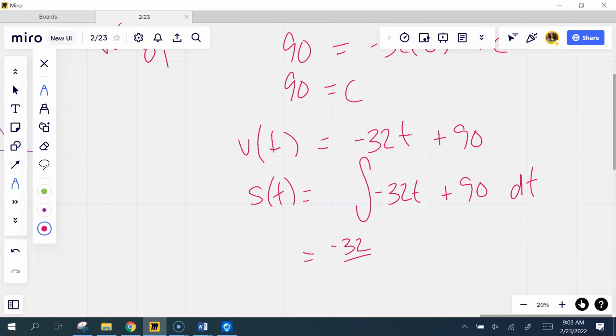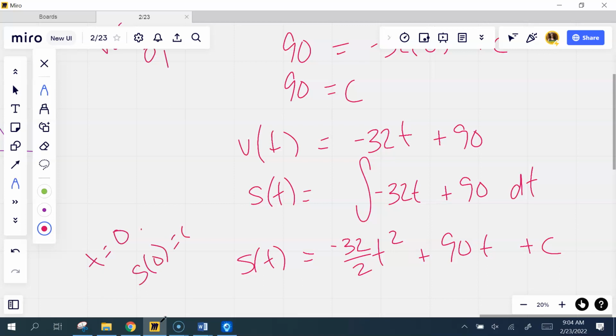Well, on this one, the c comes out to be 0 because you start at ground, time 0. At time 0, your position is 0 because you're on the ground. So if you do 0, 0, c is 0. So this is your position function.